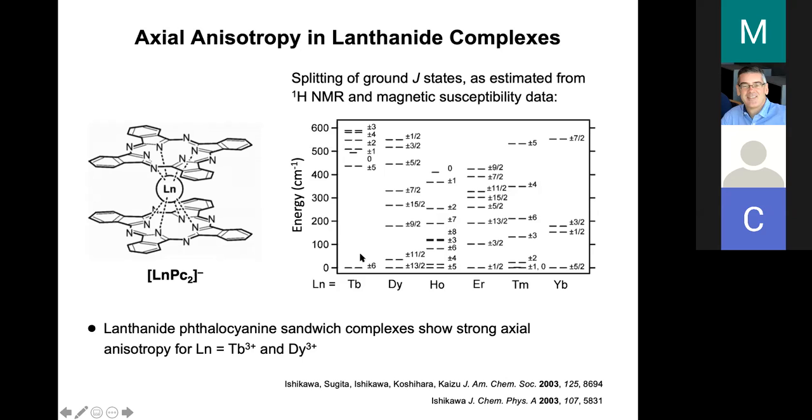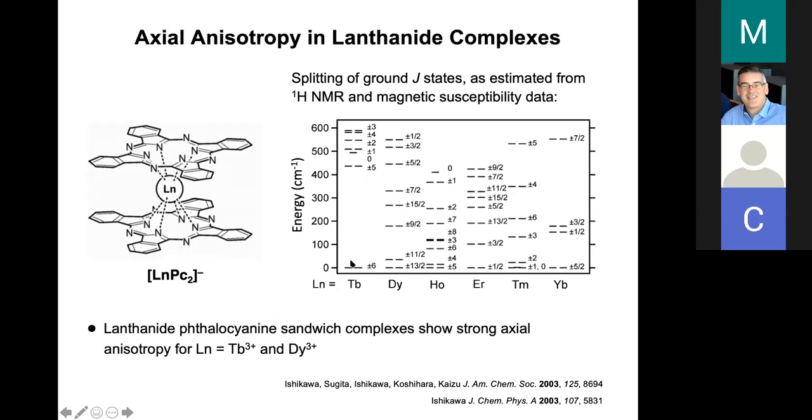And so for terbium 3+, we have a J equals 6 ground state, and the M sub J levels associated with that, that's the various orientations of the magnetic moment with respect to a magnetic field, split in this very unusual pattern.